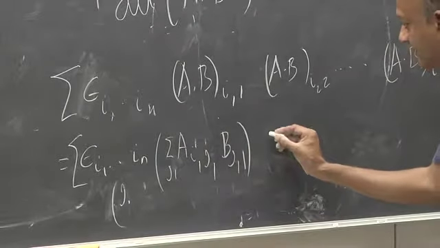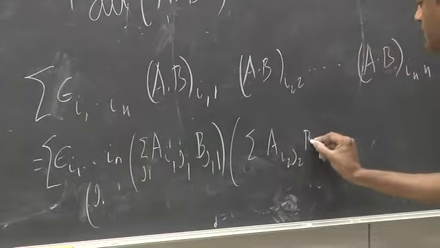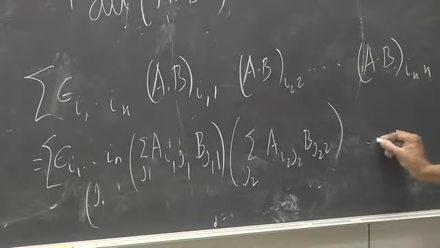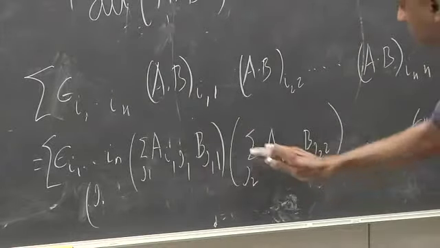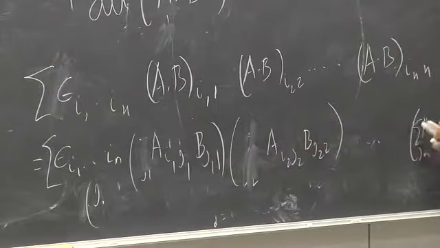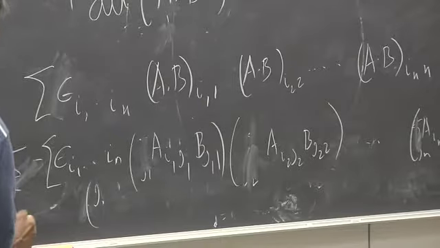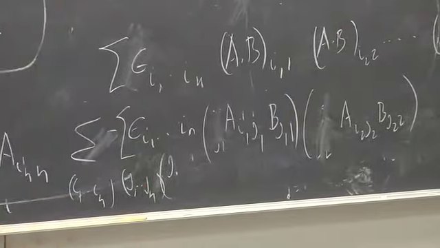Then here you have the second, again a sum, A I2 J2, B J2 2, J2 is summed over, and so on, up to A In Jn, B Jn n, Jn is summed over. Now let's put all the sums outside. So here there are all the I's and J's, I1 up to In and J1 up to Jn. They're all summed over.